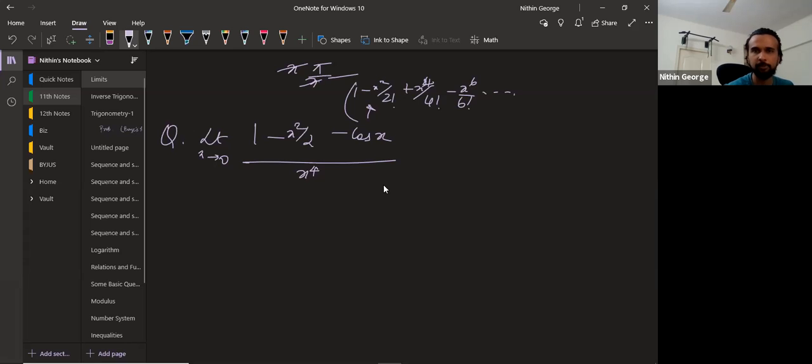When I write it in this form, this is what gets subtracted. I'm left with x power 4 by 4 factorial minus x power 4 by 4 factorial plus x power 6 by 6 factorial and so on, divided by x power 4. So when I put x to 0, I'll get nothing but minus 1 by 4 as my answer.